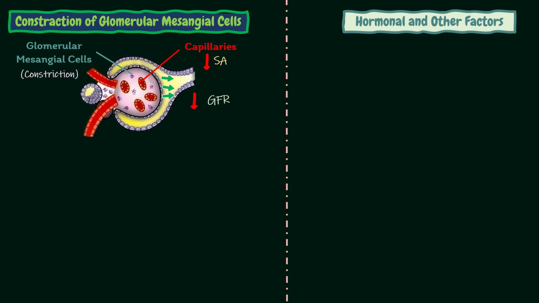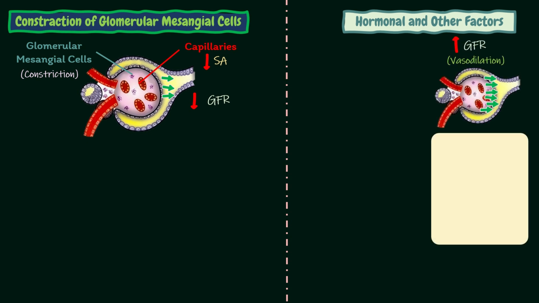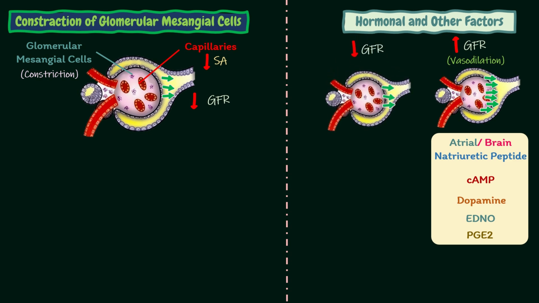Many hormones and other secretory factors alter glomerular filtration rate by affecting the blood flow through glomerulus. Factors increasing glomerular filtration rate by vasodilatation are atrial natriuretic peptide, brain natriuretic peptide, cyclic adenosine monophosphate, dopamine, endothelial-derived nitric oxide, and prostaglandin E2.